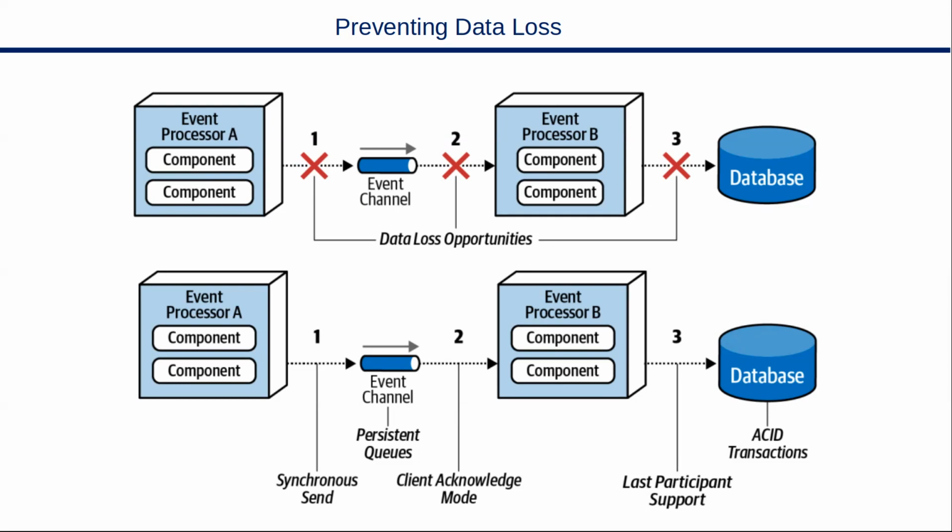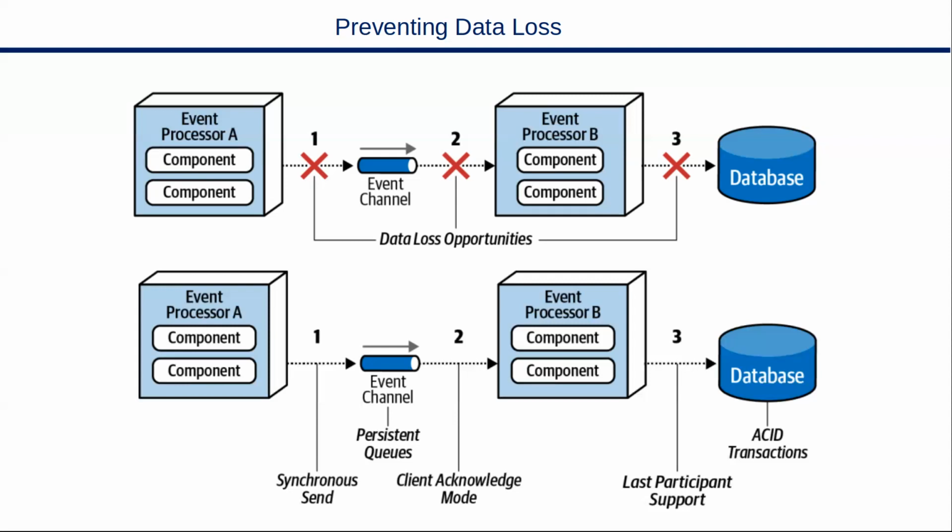So here in the first image, you can see the places where the data can be lost. It can be lost here or here or here. So there are a lot of opportunities to lose the data. Maybe the message will never go to the destination event channel, or maybe processor B will not be able to read from the event channel or to write the data to the database, and so on.